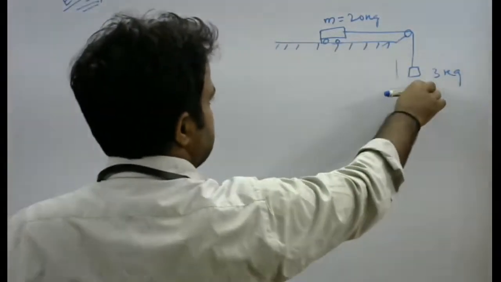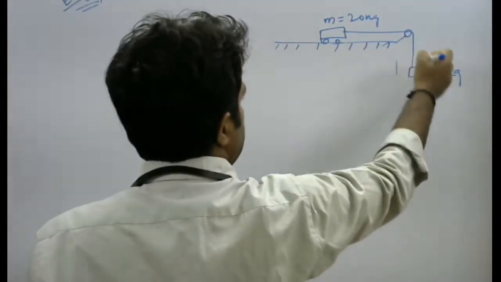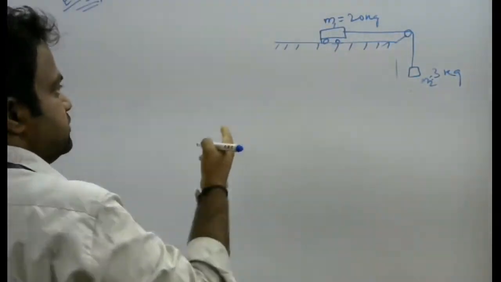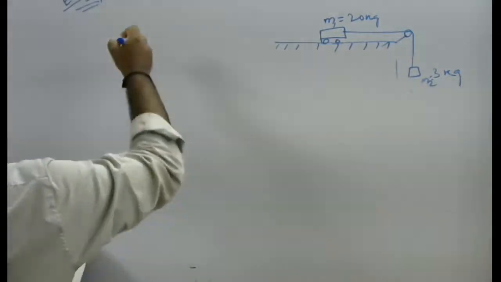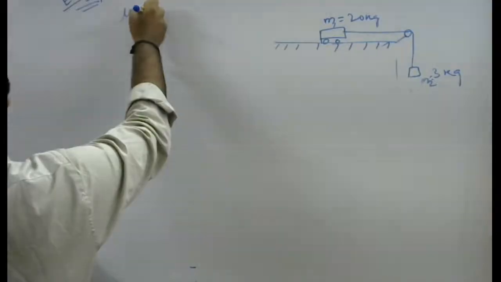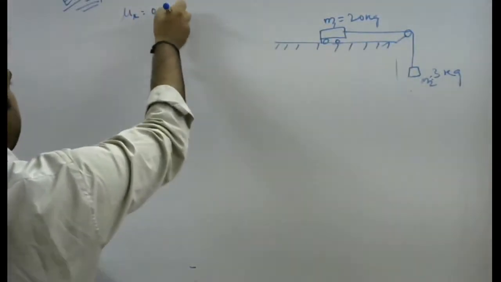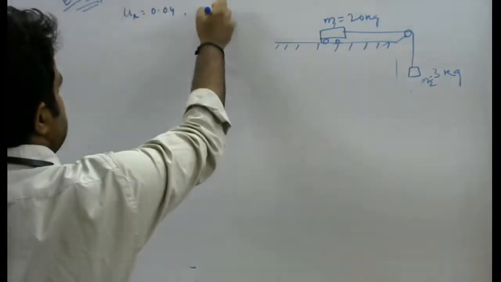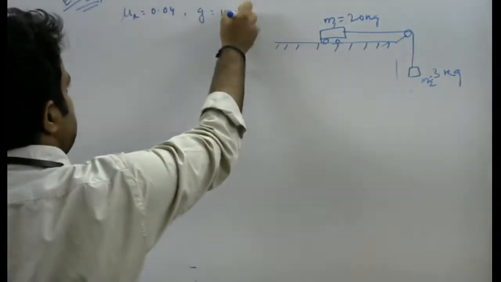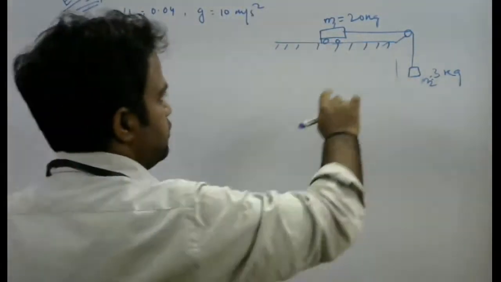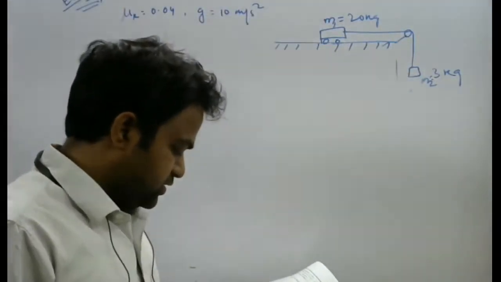This is 3 kg. Let's say this is M2, this is M1, and the coefficient of kinetic friction between the trolley and the surface, mu k, is given as 0.04, and also g is equal to 10 meter per second square. Now neglect the mass of the string. We will not consider the mass of the string.